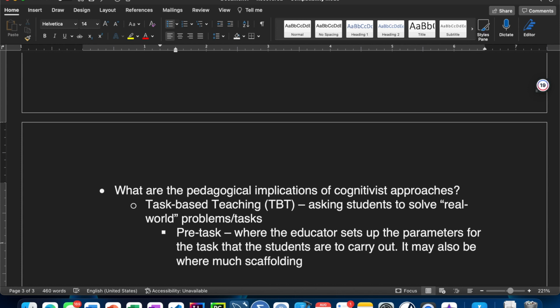For example, if you're on the Tacoma Park campus and you're talking to a security guard, you might ask the question, where is the parking garage? Or how do I get to the parking garage? And you may receive different responses to the same question. One security guard might say, go out the doors, turn right, walk to the end of the street, turn left at the next intersection, and it'll be right in front of you.